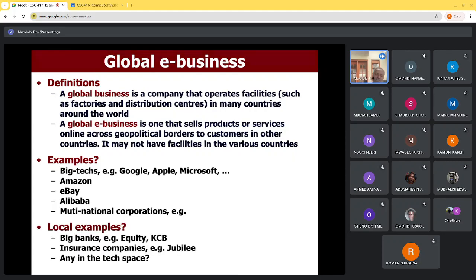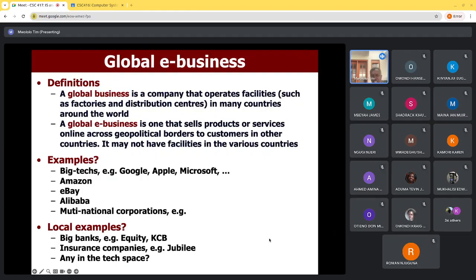Are there local examples? Some of our big banks like Equity and KCB operate in different locations, and they have a mechanism to provide services to customers located in different countries, particularly within East Africa. Similarly, insurance companies like Jubilee and others have set up shop within the region.